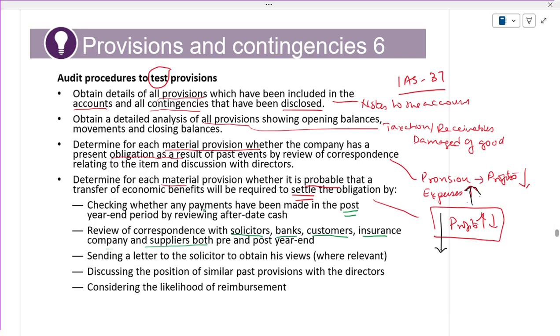These are the things the legal team will provide. Is there any legal activity, cash flow, the bank will be there. Any legal activity with the customers, you will have the correspondence. Insurance companies will be there, isn't it? Likewise, you will have multiple evidences where you are cross-verifying each and everything.